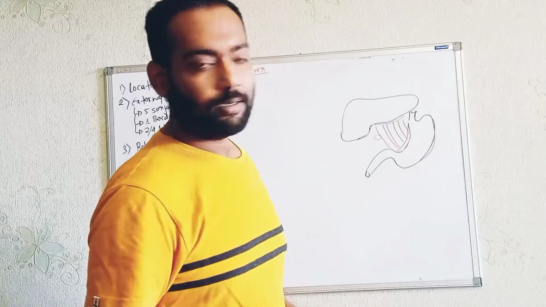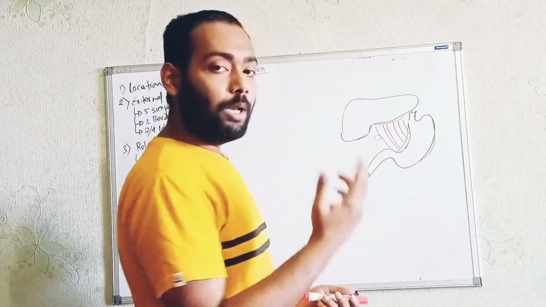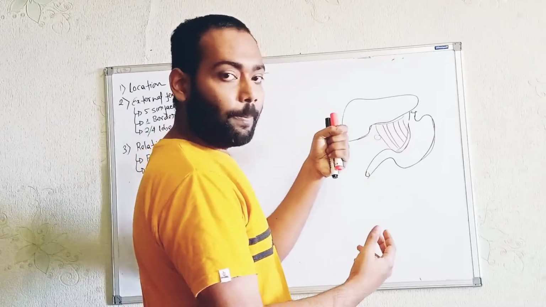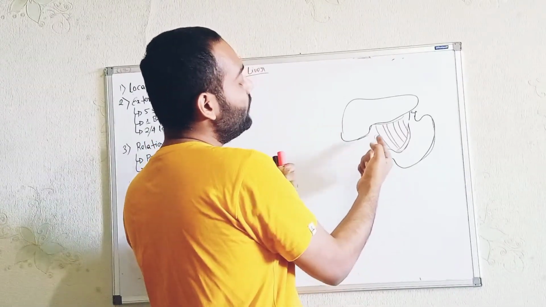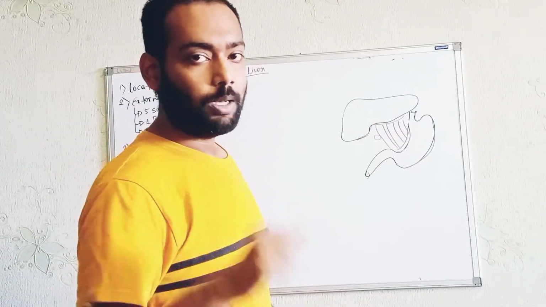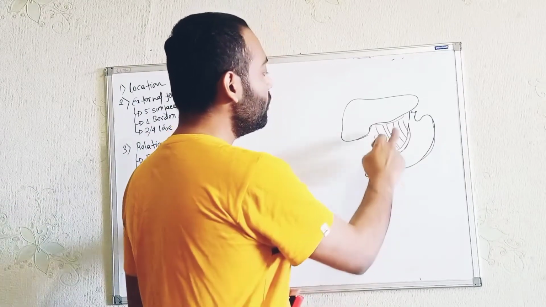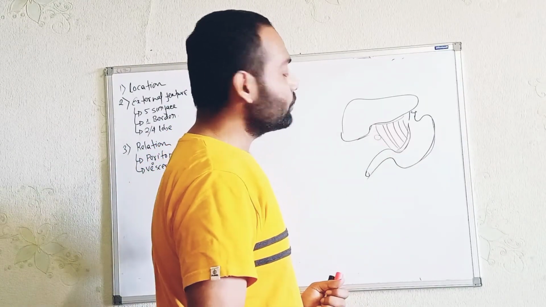I don't know why I said it, but you just got it. There are two balloons, one anteriorly, one posteriorly. With this foramen, these two balloons are connected. Just remember this point for now. So here we have our lesser omentum.